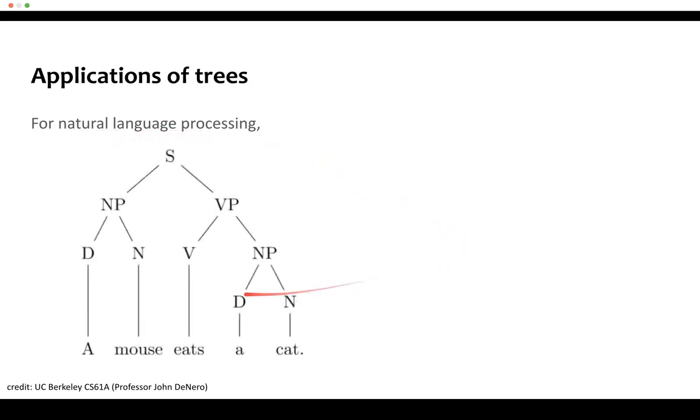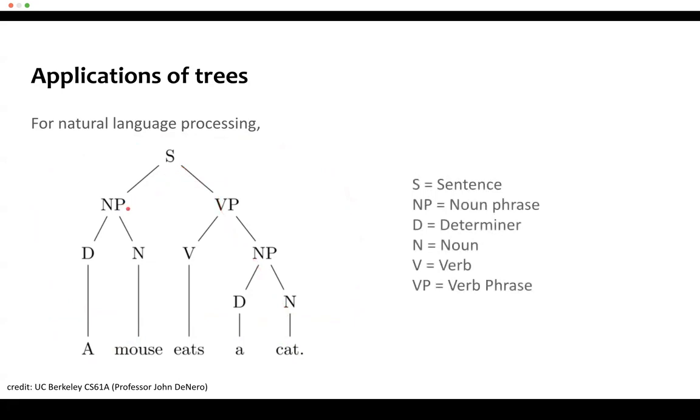Okay, let's move on. And there are numerous applications of trees itself, other than constructing efficient dictionaries and sets. For natural language processing, the natural language that humans are using, we could interpret or analyze a sentence in this form, like subject, noun phrase, verb, determiner, noun, like this.